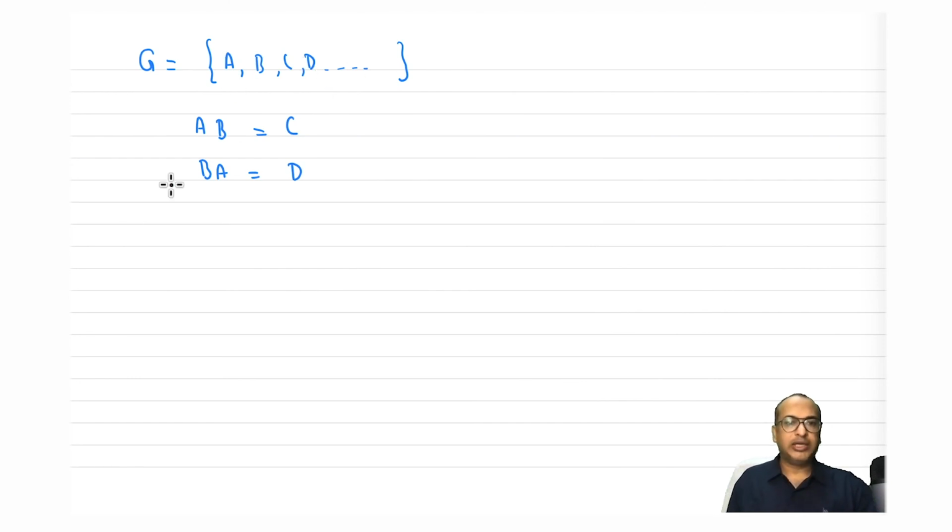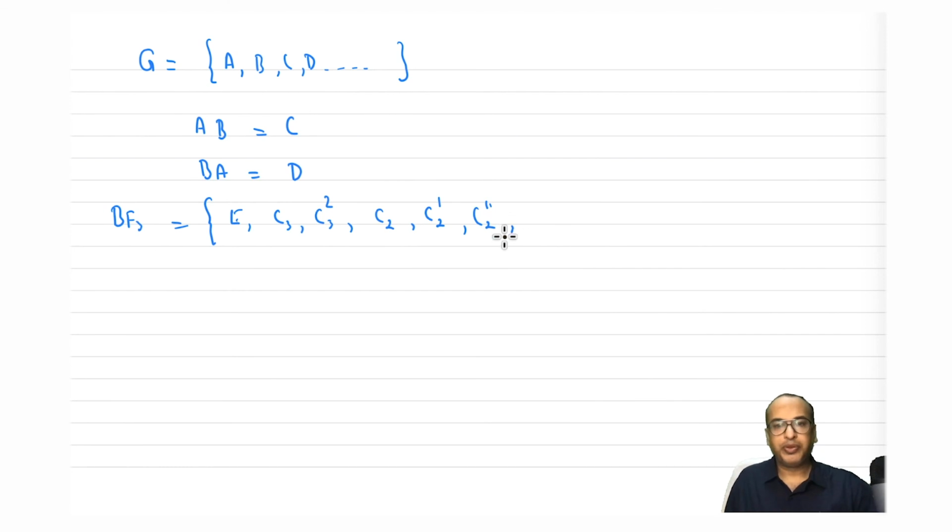Let's take the same BF3 case we have been discussing. Let us list down the symmetry operations: E, C3, C3 square, then C2, C2 prime, C2 double prime. I'm not writing it as 3C2 just so that we list all the symmetry operations independently, though they are essentially equivalent.